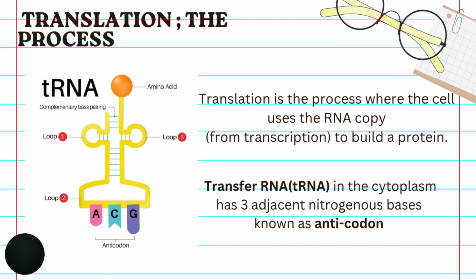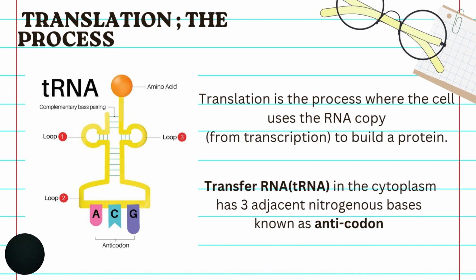They code for a specific amino acid, and as you can see, tRNA carries an amino acid. So the anticodons and the codons are going to complement each other. And when they complement each other, an amino acid is going to be brought to mRNA, which will allow for the protein to be made, because amino acids are the building blocks of proteins.